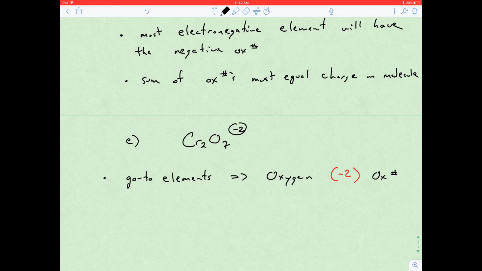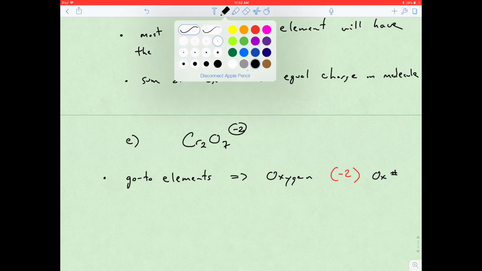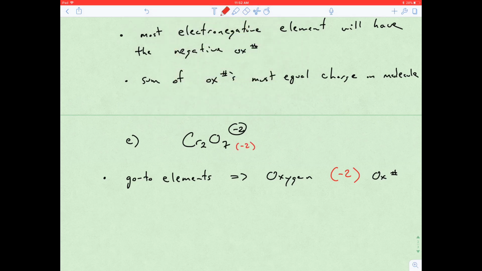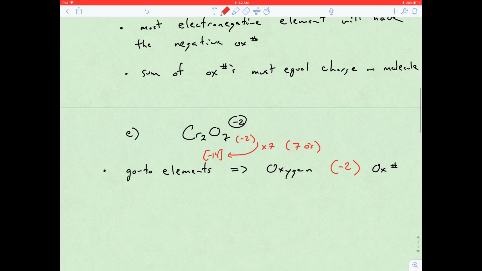So if we think about that, our oxygens are all in that -2 oxidation state, and there are 7 of them. So the total contribution would be -14 from all of the oxygens in the molecule.